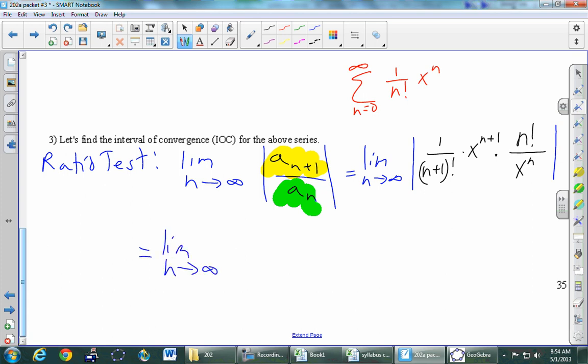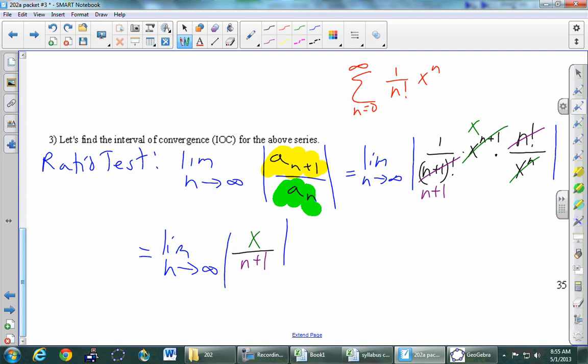Limit as n goes to infinity. What happens to the x's? We have one more x upstairs, so there's going to be a single x upstairs. And what happens to the factorials? So we just get the n plus 1 on the bottom, no more factorials, so that goes down here. So that's what we get when we cancel.